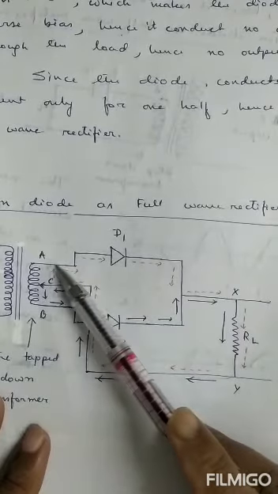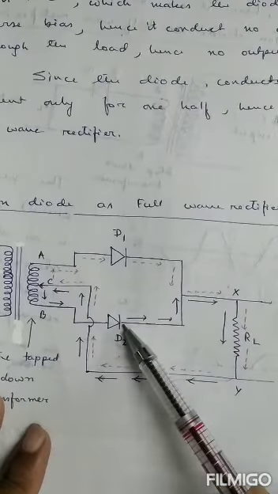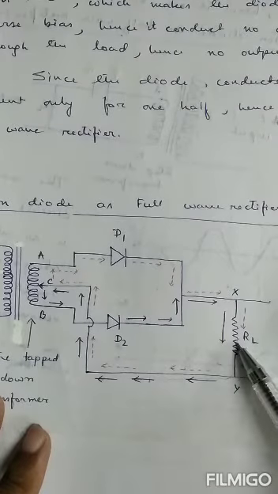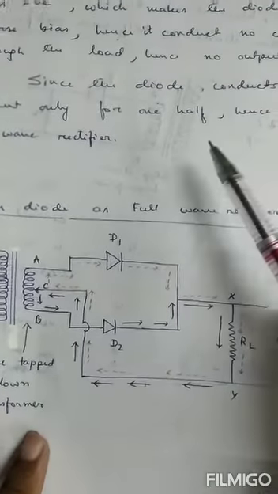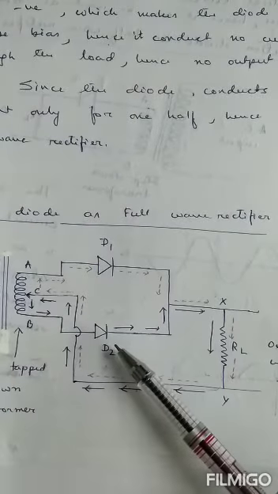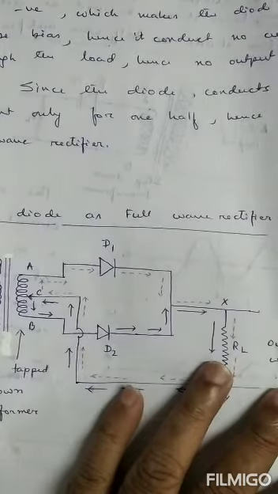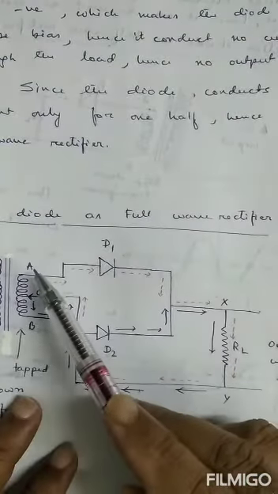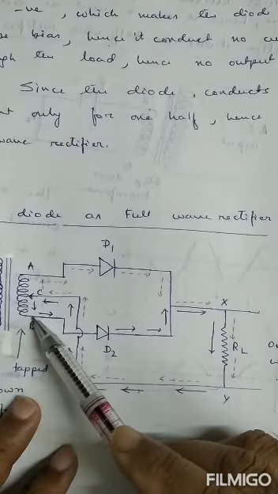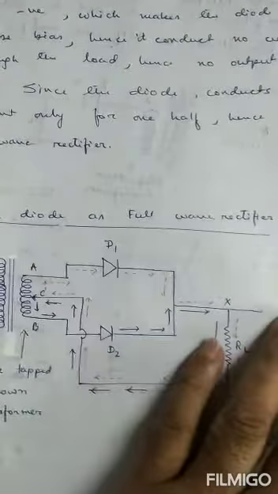With terminal A, this diode D1 is connected. With terminal B, diode D2 is connected. This is the load resistance. Say during the positive half of the cycle, A becomes positive, B negative. And during the negative half, B positive, A negative.